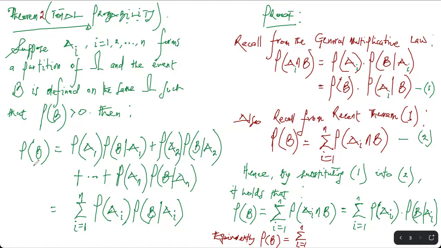So we're saying that to find the probability of B, if we know the probability of Ai, we can use it. And if we know the probability of B given Ai, we can also use it. Keep in mind that the probability of B is not the same as the probability of B given A. They are two different quantities. The probability of B given A is a conditional probability of B given A. And the probability of B is simply what we call the marginal probability. Just a strict probability.